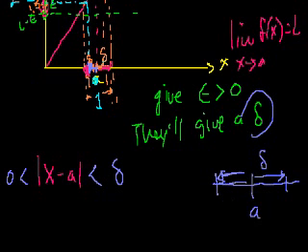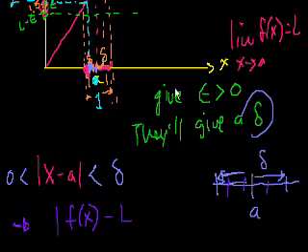As long as you pick an x value that falls here, or this x value, or this x value, I can guarantee you that when you take one of these x values and evaluate f of x at that point, the distance between that f of x and the limit point is going to be less than the number you gave them.